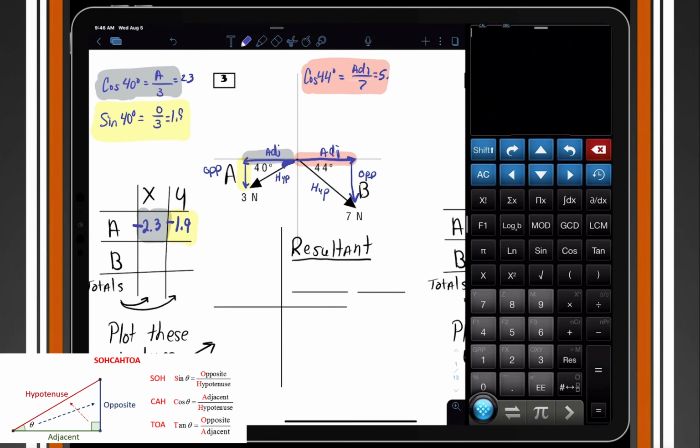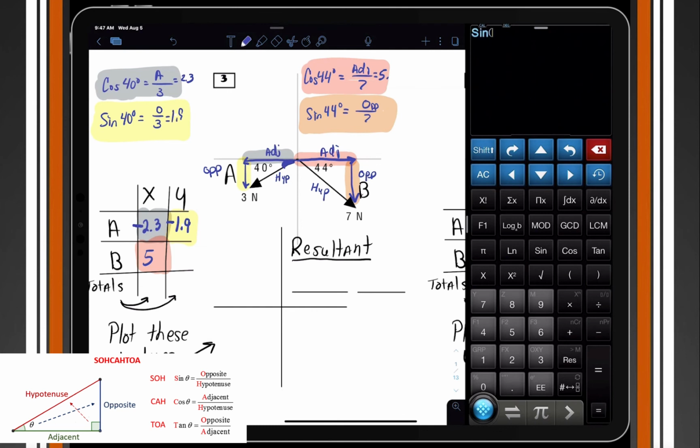That needs to be put into our x value here, right? The x value, we said, was 5, and it's going to the right, so that's positive. We have the y value now. The y value for this, we'll have sine 44 equals opposite over 7.